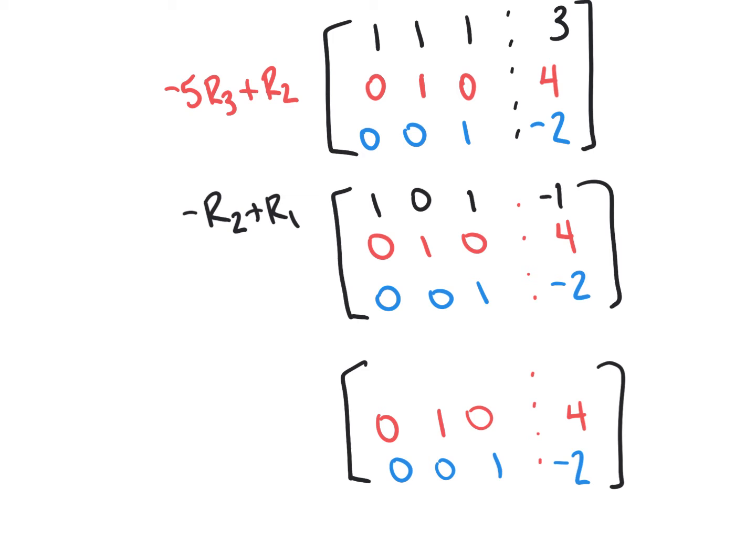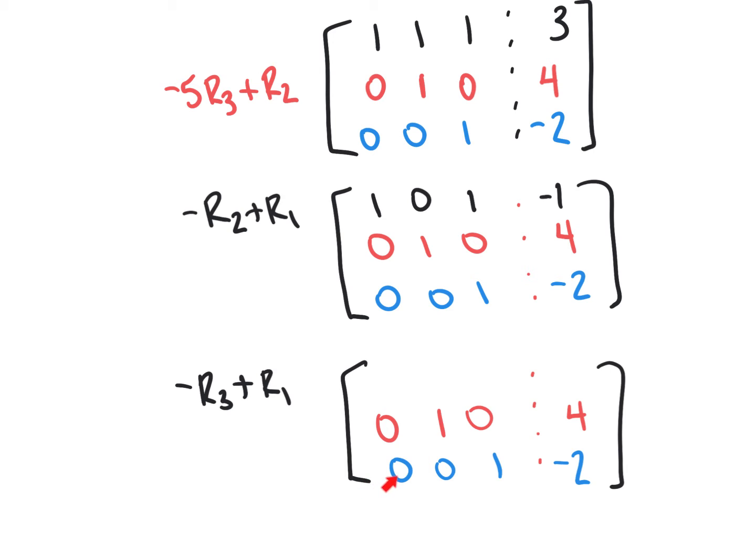Top row, we're going to multiply the top row by negative R3, right? And then we're going to add what to it? R1. When I go after zeros, I have to do some kind of adding, all right?